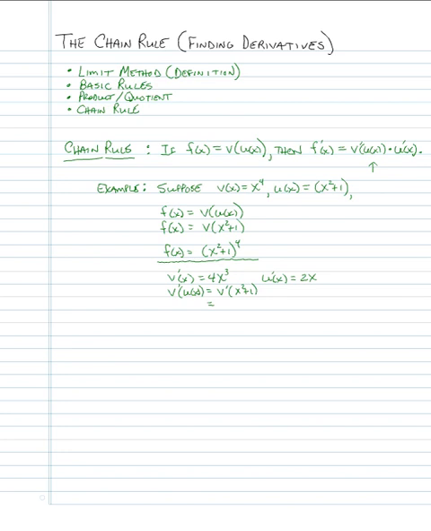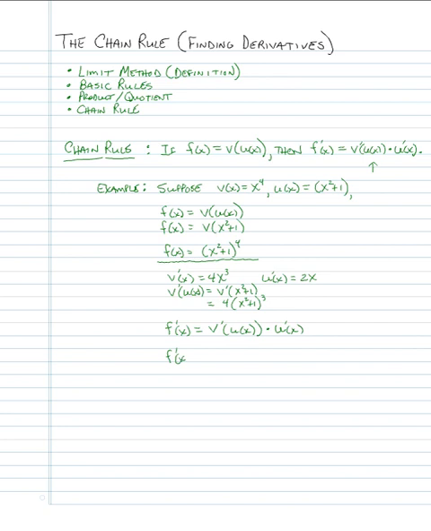And so that would mean that we have 4 times, instead of x cubed, x squared plus 1 cubed. And now we're ready to build the derivative of f. The derivative of f says it's v prime of u of x times u prime of x.